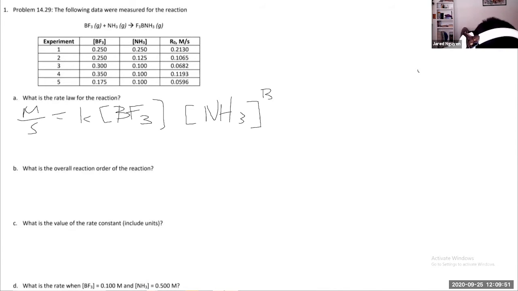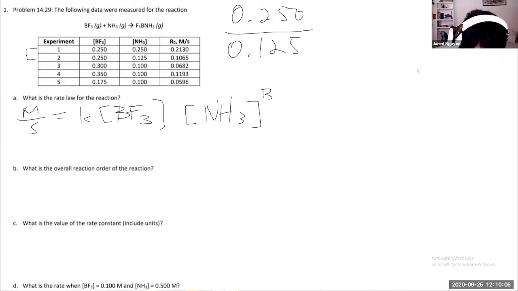The only two that are the same are the top two right there. So that's going to be 0.250 for NH3 divided by 0.125, or you can flip them if you want, raised to the power of B, because that's what we're solving for, and that's going to be equal to the rates.